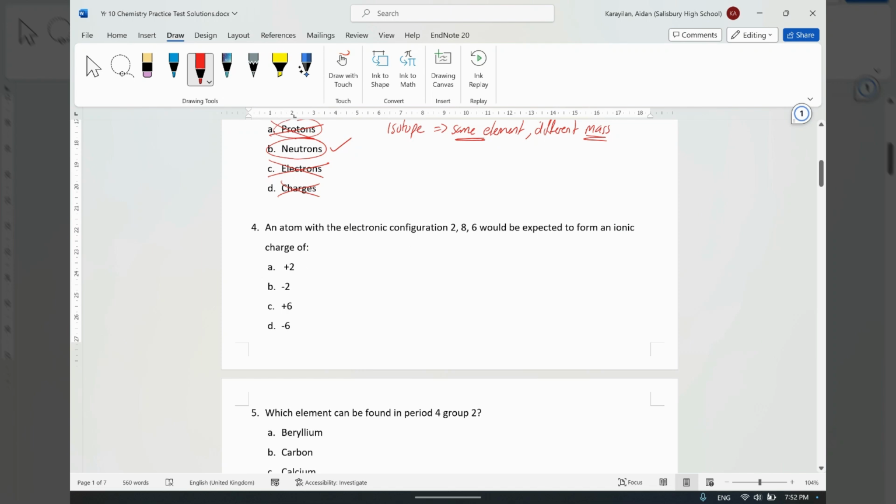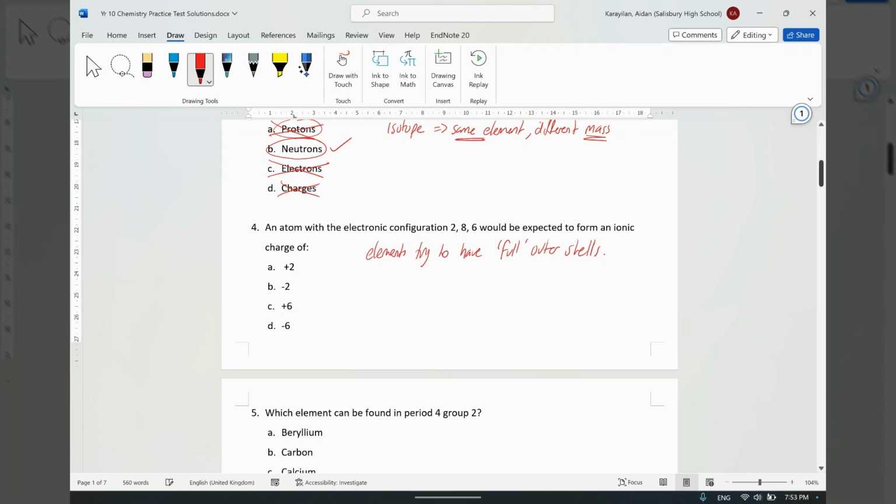Okay, so it says here an atom with the electron configuration of 2, 8, 6 would be expected to form an ionic charge of what? So we have 4 options here. Now, what you need to remember is that elements try, they don't really try, they're not thinking, but just as a way to remember, elements try to have full outer shells.